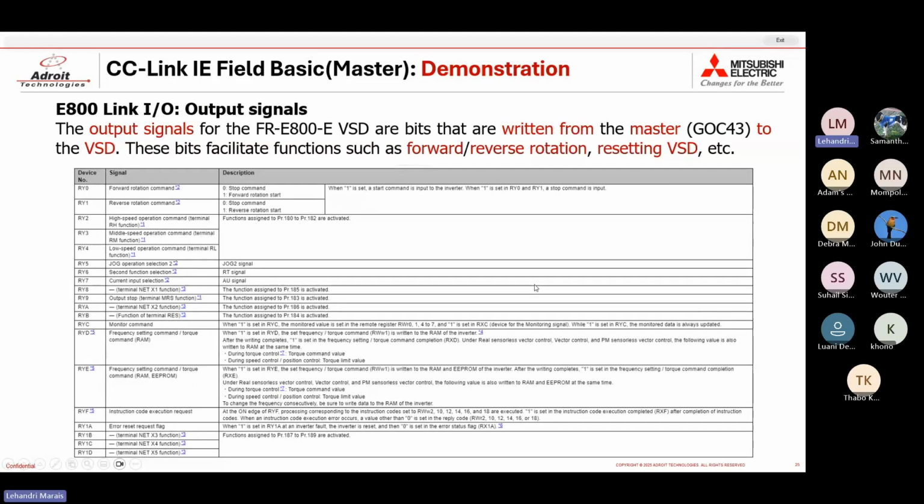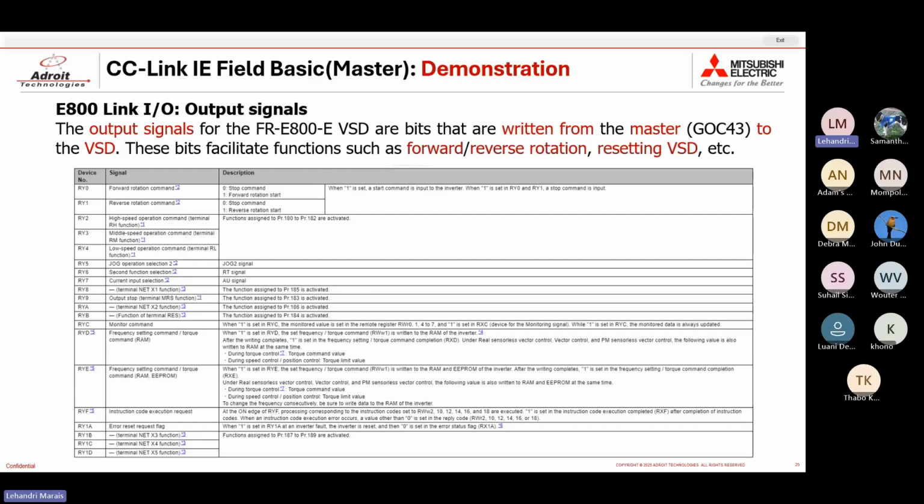So if you recall, I've been referring to link IO and RX, RY, and so on and so forth. So the VSD gives you a detailed explanation on what the data is that is transferred between the GOC or whatever master station it is connected to, and this is the RY signals.